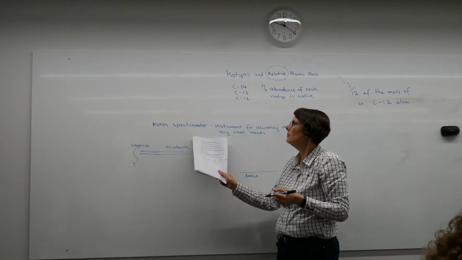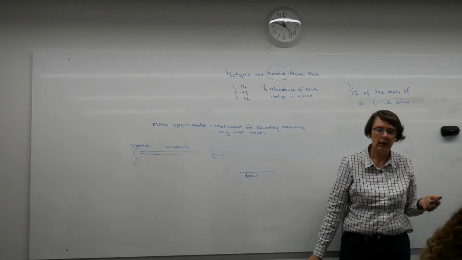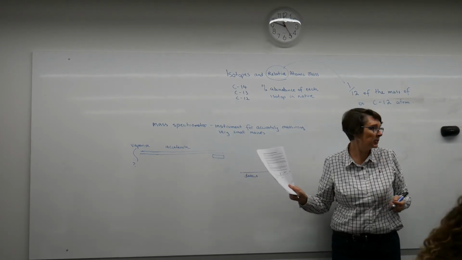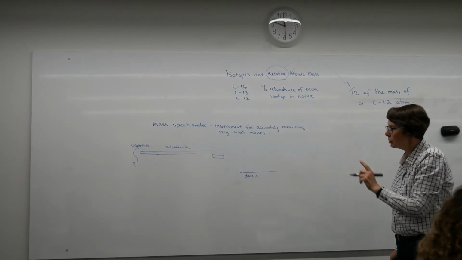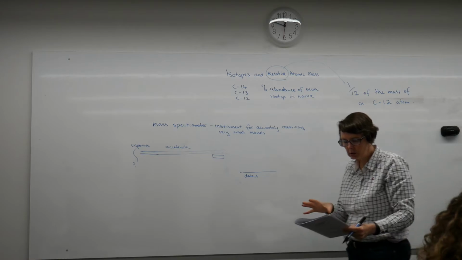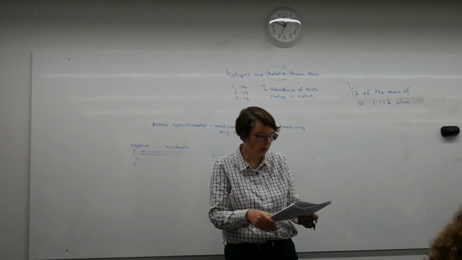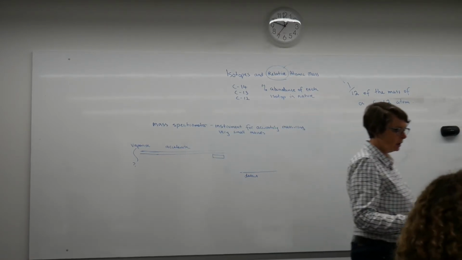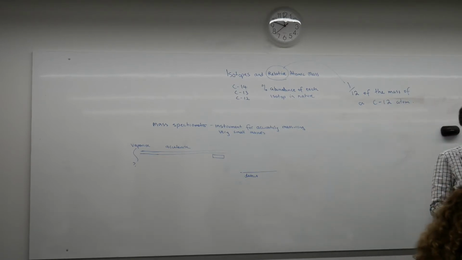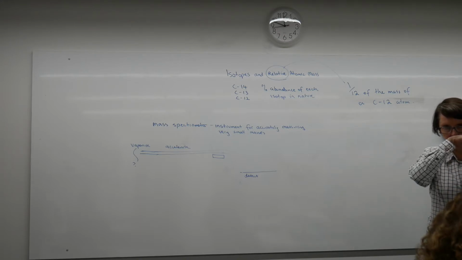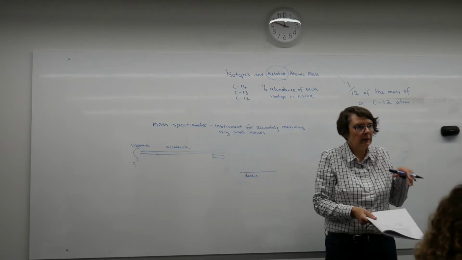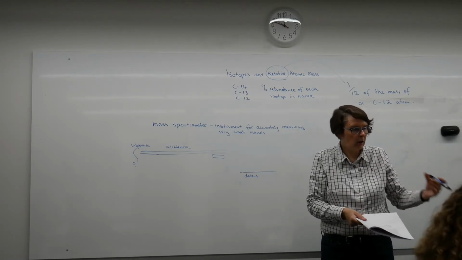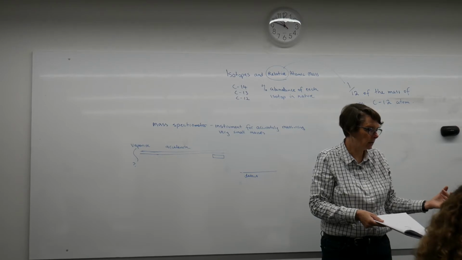So how are we going to measure such tiny masses? We're going to measure it using a mass spectrometer. And I've started to draw up a mass spectrometer. And you can see there's an analogy on page 12. The idea here is that if you were rolling balls down a ramp, and they're metal balls, so large metal balls and small metal ball bearings. And at the end of the ramp, it goes past a magnet.